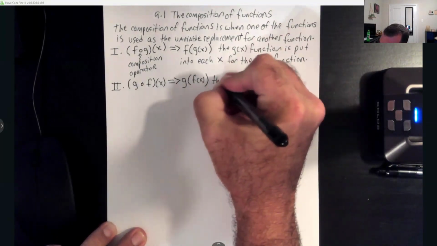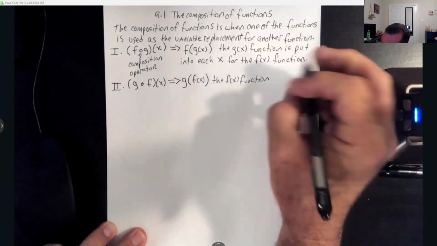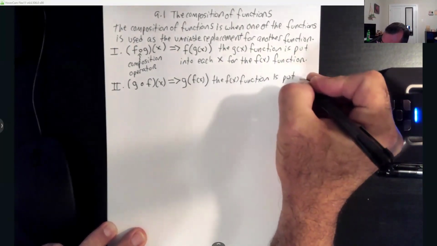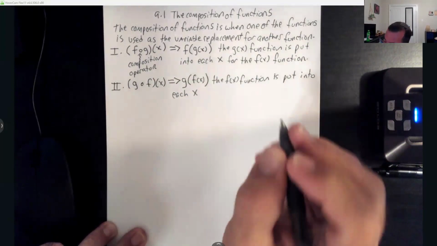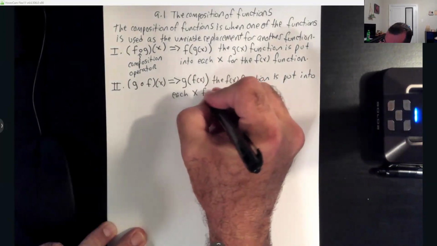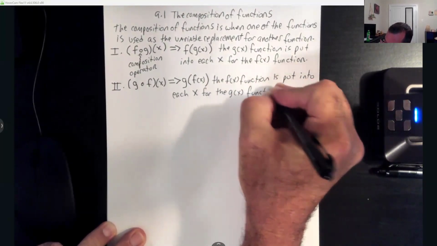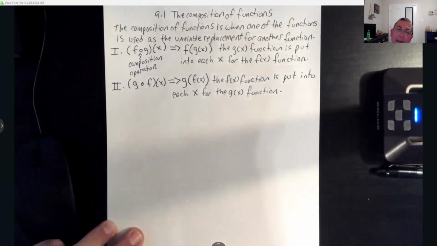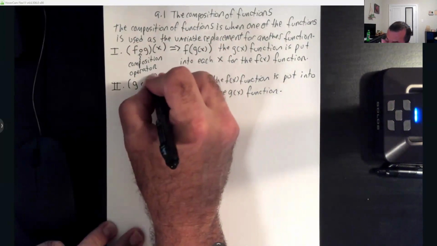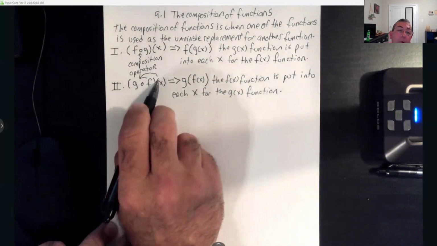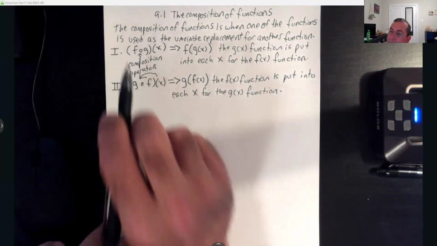So the F of X function is put into each X for the G of X function. So this is one time in math where stuff sort of is reverse of what it looks like. So F of X into the G here. So you're sort of going from the right to the left. And then the same thing here, we would put the G of X into the F, okay?